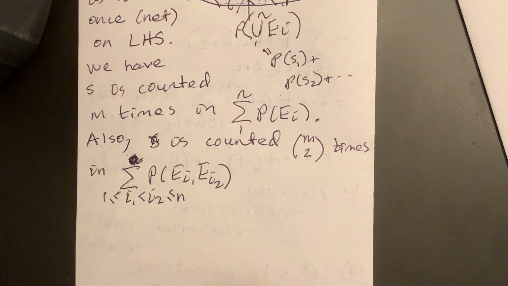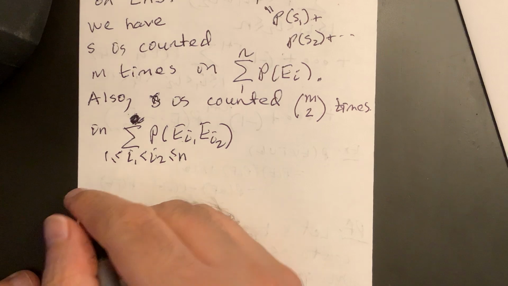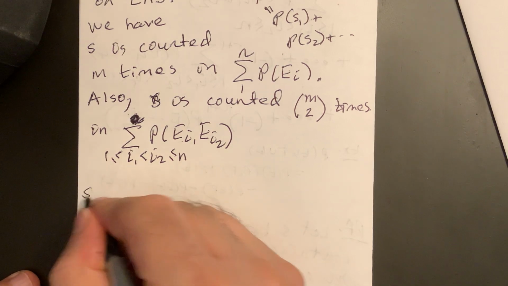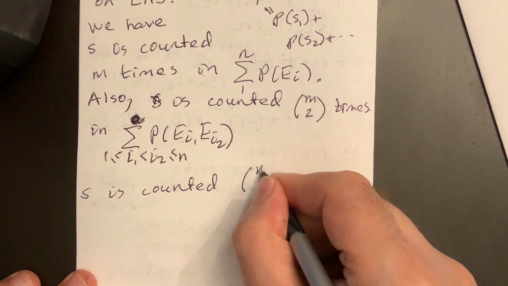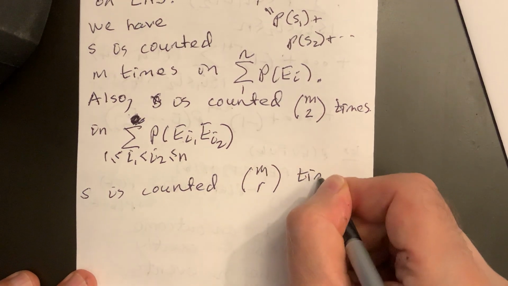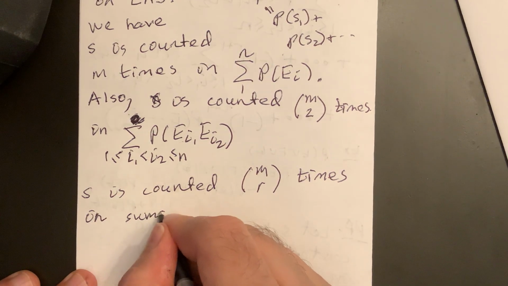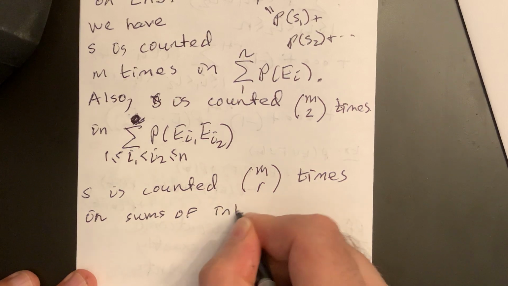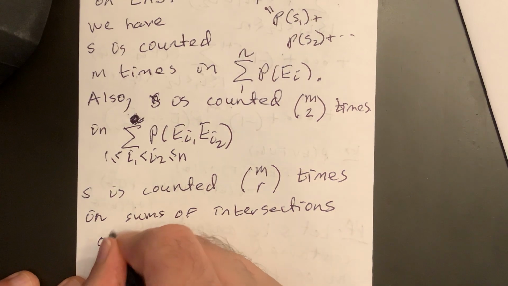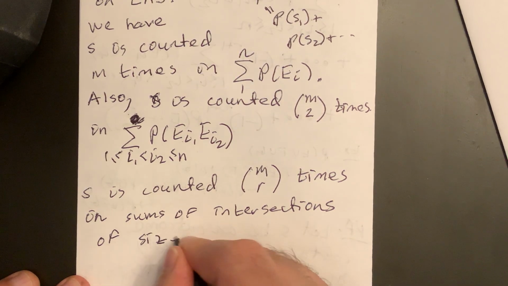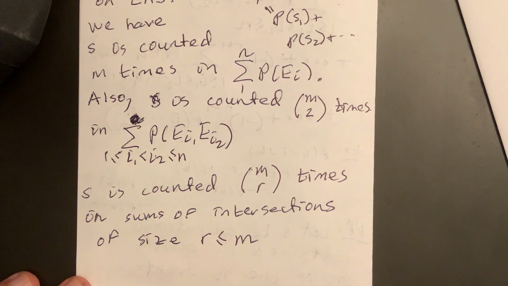All right, continuing in this way, we have S is counted M choose R times in sums of intersections of size R, right?